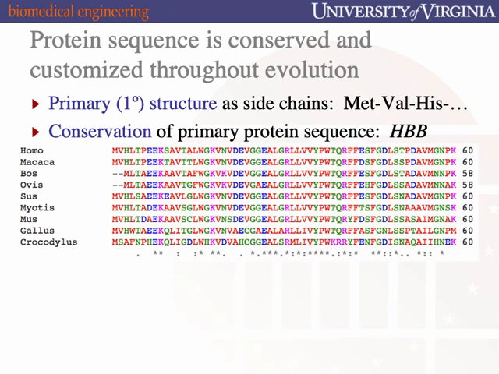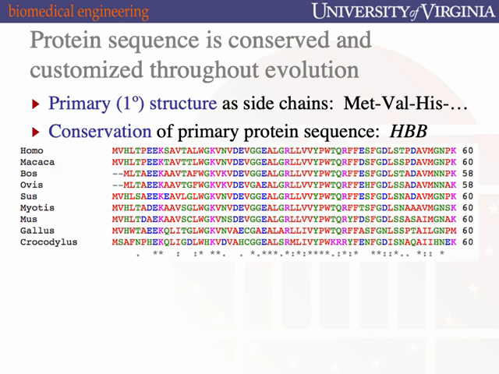Knowing things about the primary structures, there's a lot of stuff you can do with primary sequence. And one of the things is you can look at how evolutionarily preserved or conserved that primary sequence is among different organisms, among different forms of hemoglobin, which I'll speak more about in a moment.